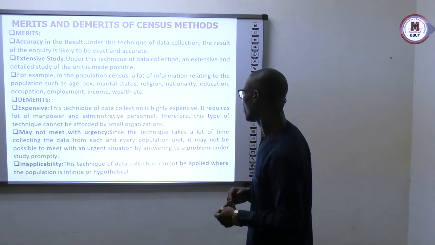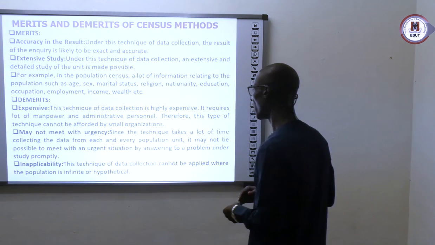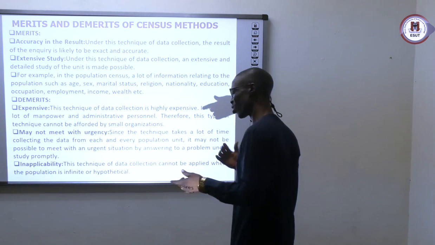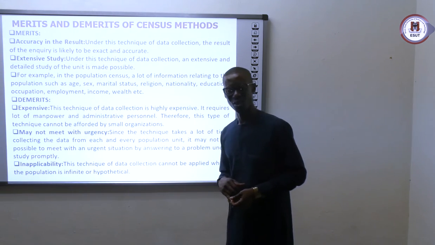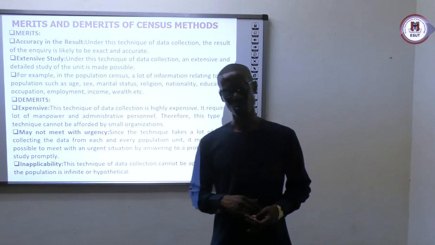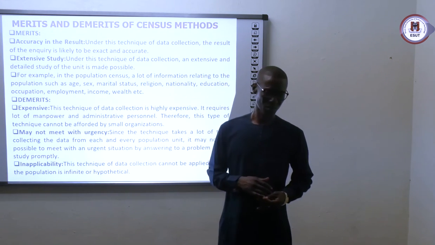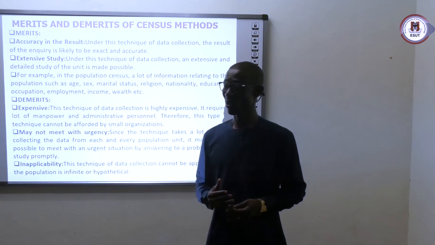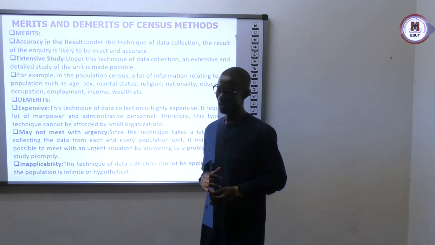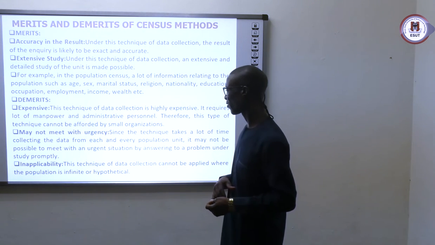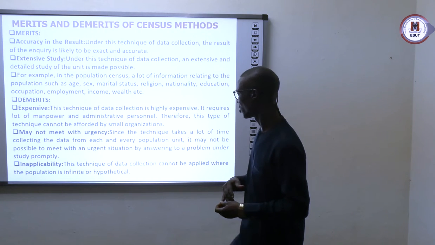Another one is that if you need some urgent information, conducting a census is almost not feasible, because a census takes a lot of time to conduct. So urgent information cannot be found using census.